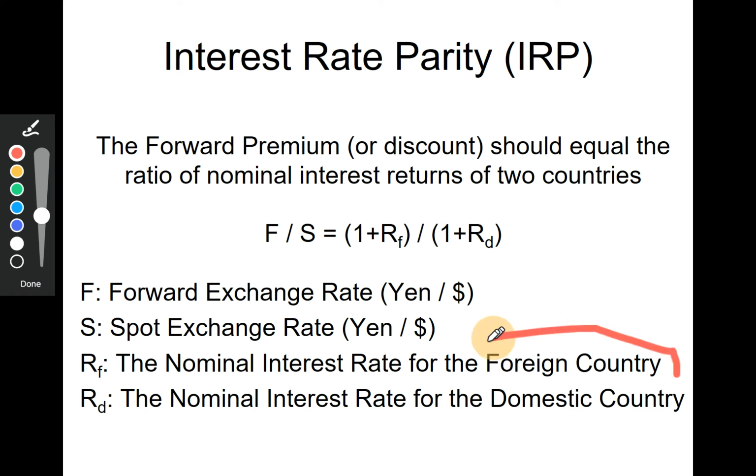Now the question is, who is foreign and who is domestic? If you and I are doing this and sitting in Germany, Germany does not necessarily become domestic. Euro does not become domestic in the formula. Same here with yen and dollar. If you're sitting in US, necessarily dollar is not the domestic currency.